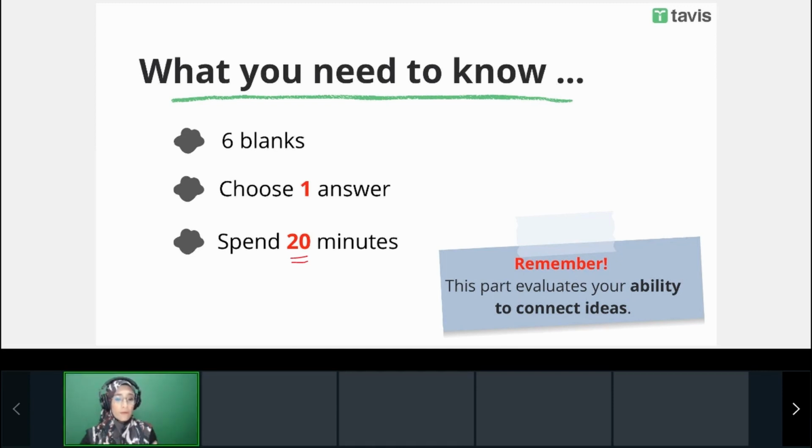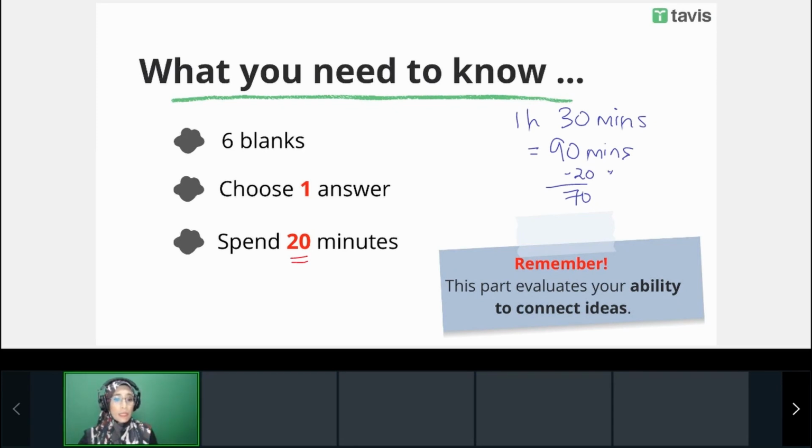Now, previously I've taught everybody a simple maths. For your paper one, overall, you have to spend 1 hour and 30 minutes, so equivalent to 90 minutes. So we are going to spend 20 minutes here, and you are now left with 70 minutes for the rest of the parts.